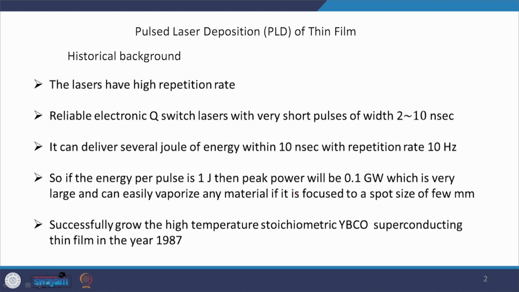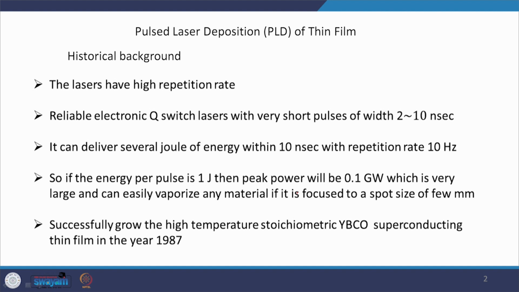Now, this laser light, like common light, you can focus with a lens. So, it can deliver a huge amount of energy within a very small area, almost 2 to 3 millimeters. With this kind of energy, the first thin film successfully grown was YBCO, that is yttrium barium copper oxide, a superconducting thin film.